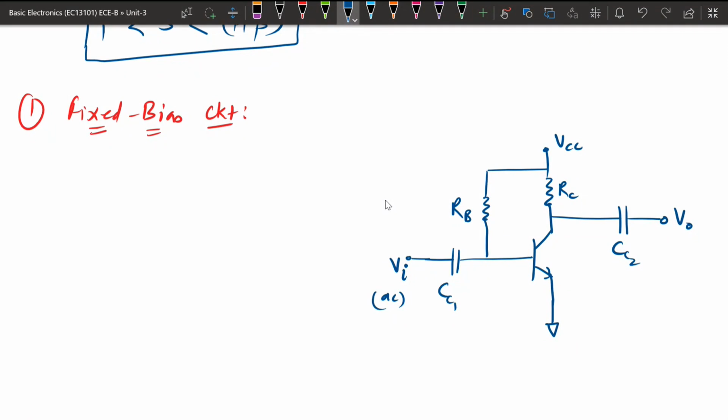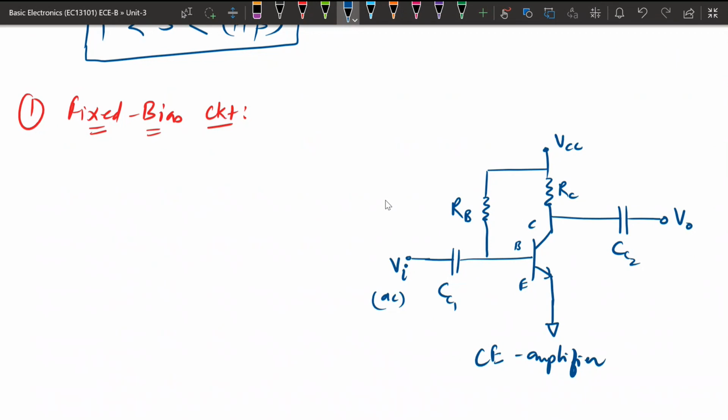This is the complete circuit diagram of the common emitter amplifier. The emitter is common between the input side and the output side. This is the collector, this is the base, and this is the emitter. Since the emitter is common, it is a common emitter amplifier.